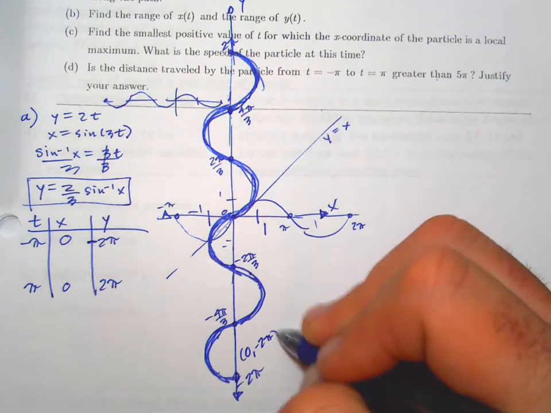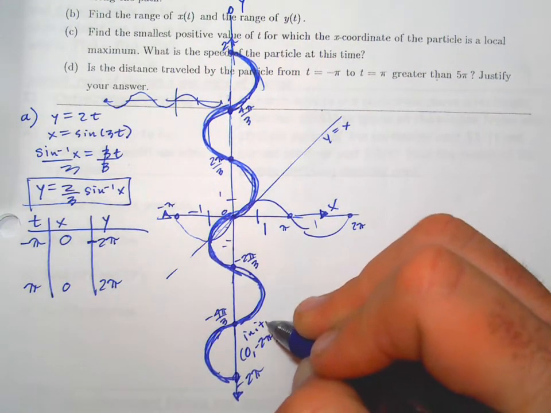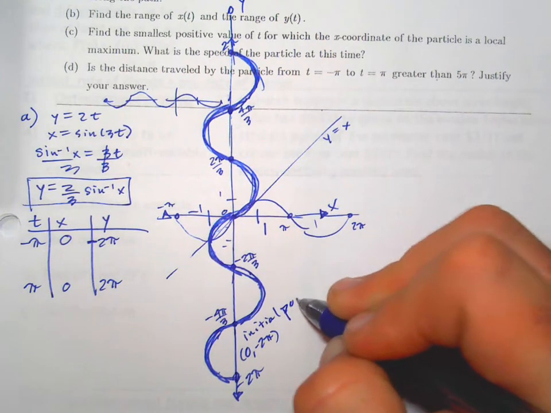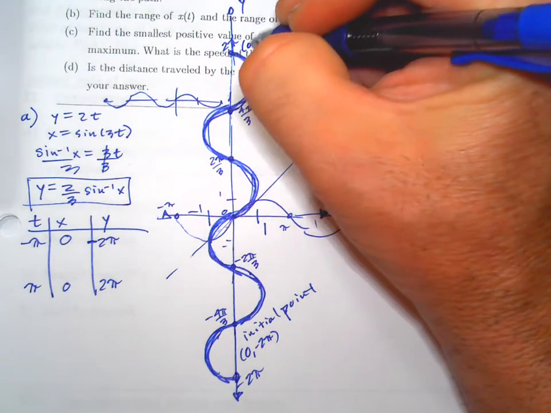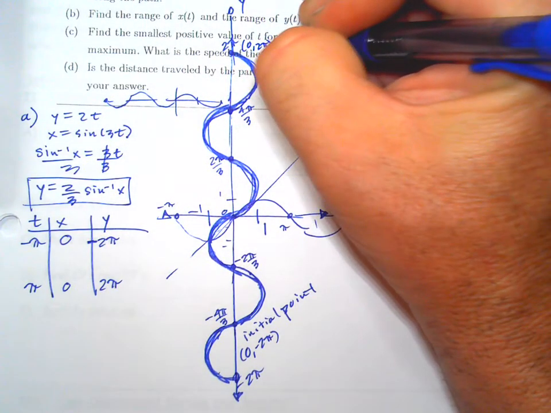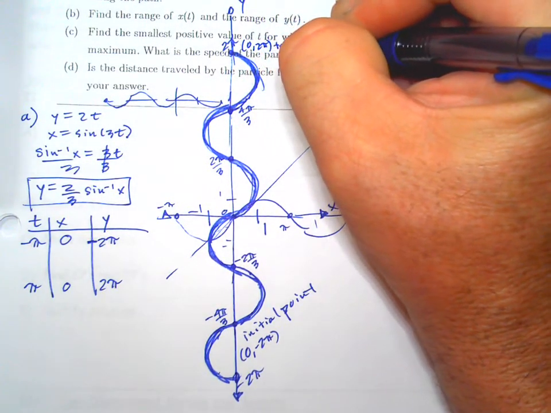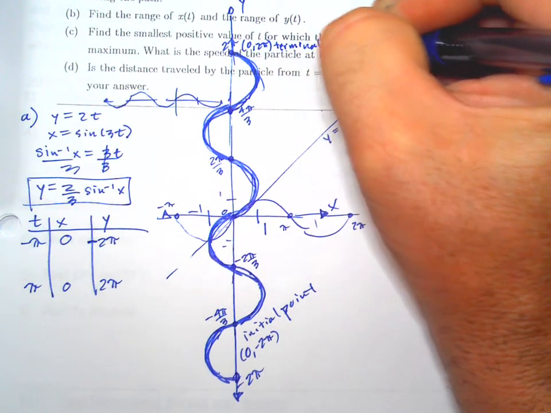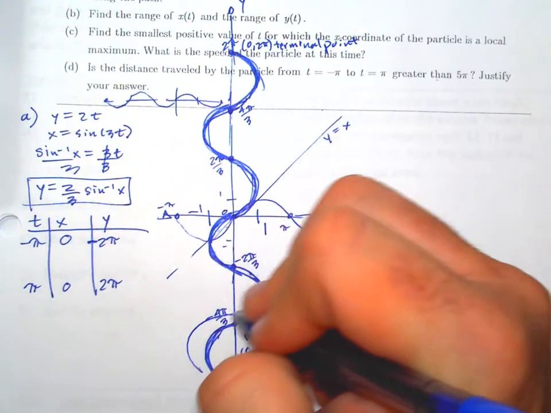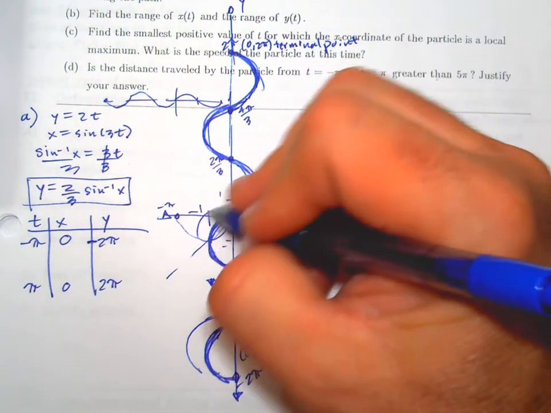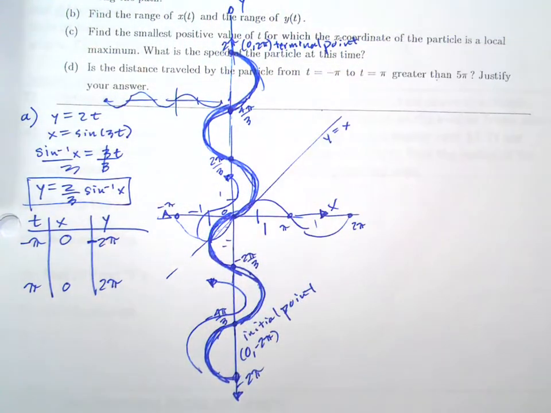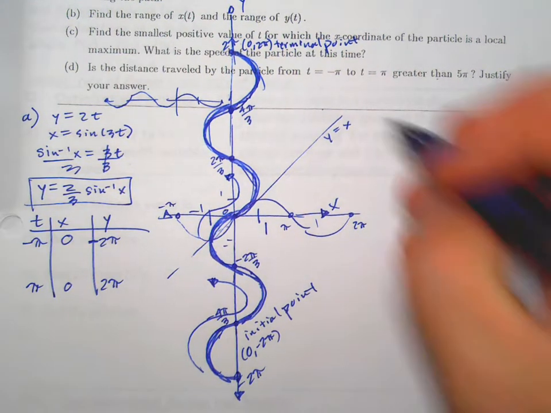This is the initial point, right? And this up here, 0, 2 pi, is the terminal point. So it's going in this direction, right? Keeps going that way. Okay, so I guess that's A.